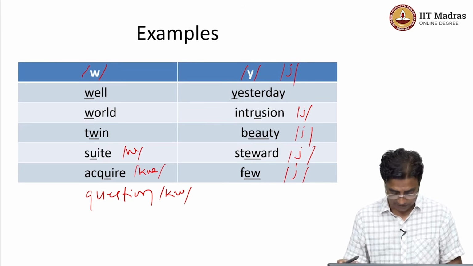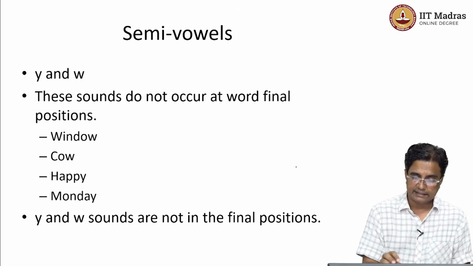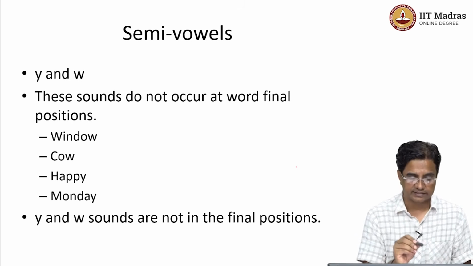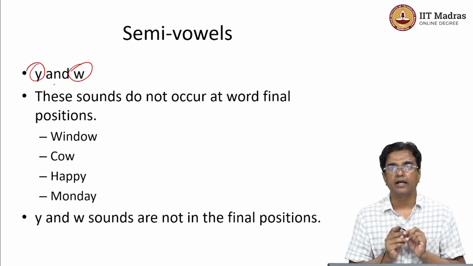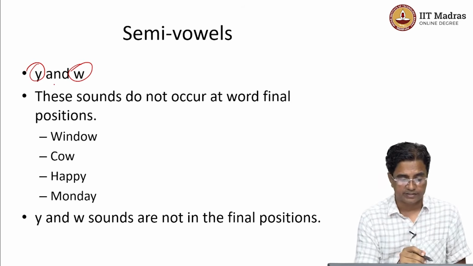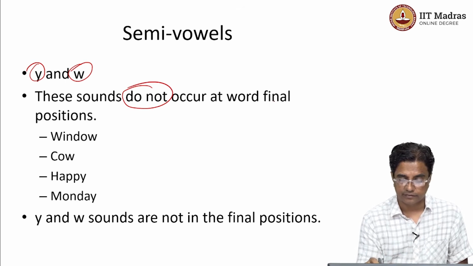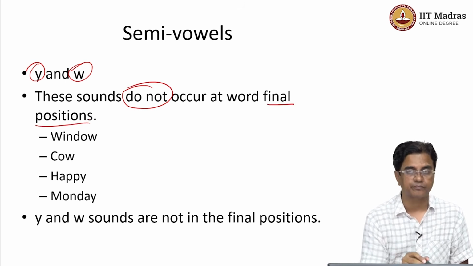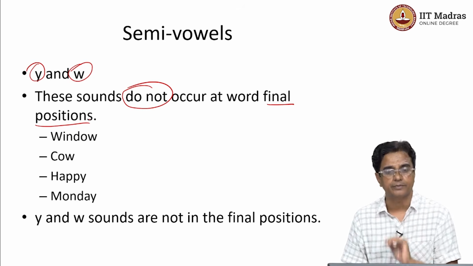Another important point about semi-vowels, that is ya and wa, is that they may occur in a word, but they do not occur in the final position. That is, these sounds will never come at the word-final position.